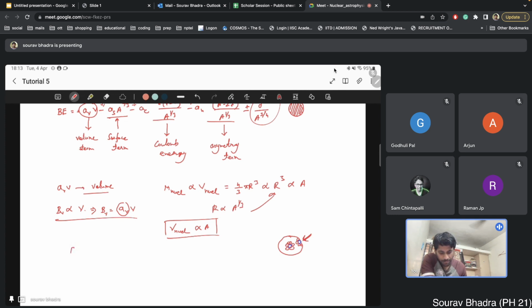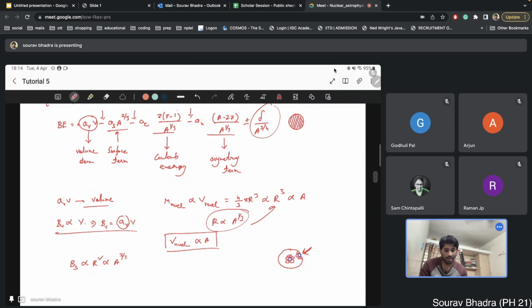So the surface correction term BS is proportional to the surface area of the nucleus, that means r square, and as r is proportional to A to the power 1/3, we can write it A to the power 2/3. So we are trying to express all the terms in terms of the mass number, because that is the most fundamental thing, and that we know for different nuclei.